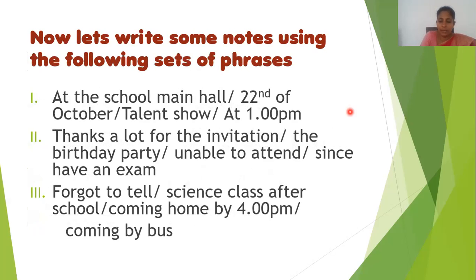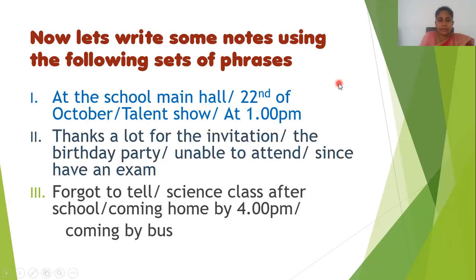I have made it clear for you, giving sets of phrases and guidelines. In the first one, the phrases are like this: at the school main hall, 22nd of October, talent show at 1 p.m. These are the guidelines, okay, dear? Because you had used these guidelines and make small sentences.